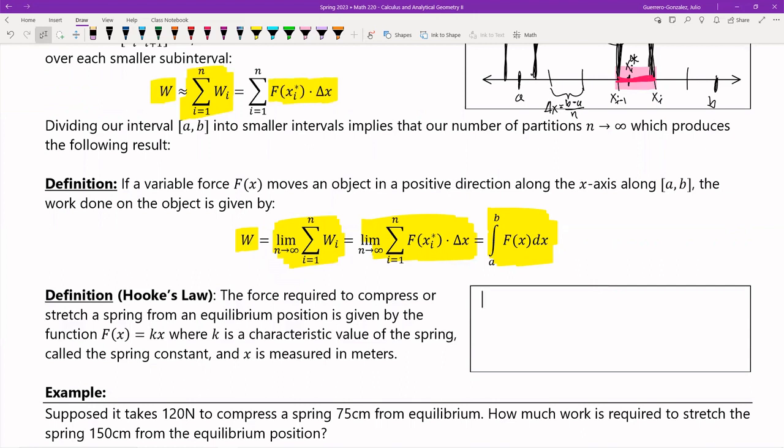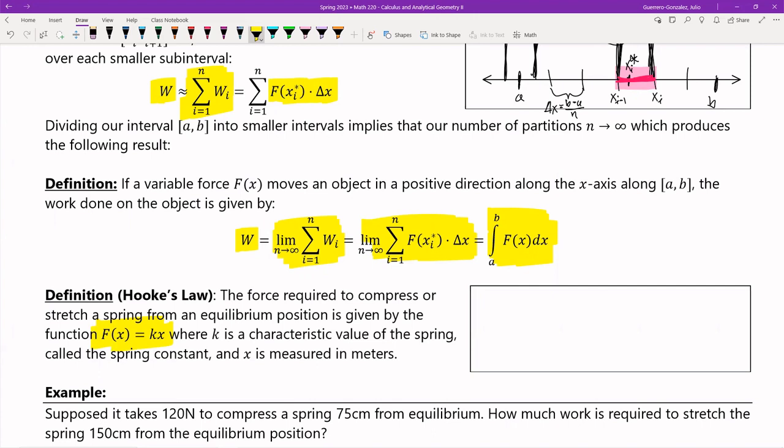The way that we find the force required to compress or stretch a spring is by this equation right here. K usually is the characteristic value for a spring, and that's usually found by testing. At least in this class, I'm going to give you the K, or enough information to find it.